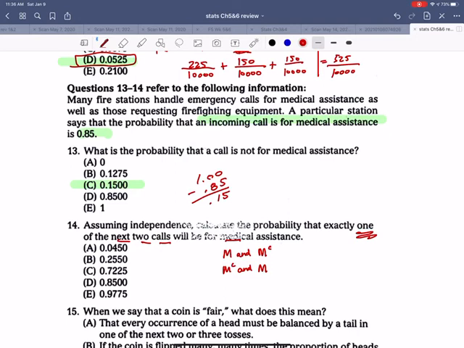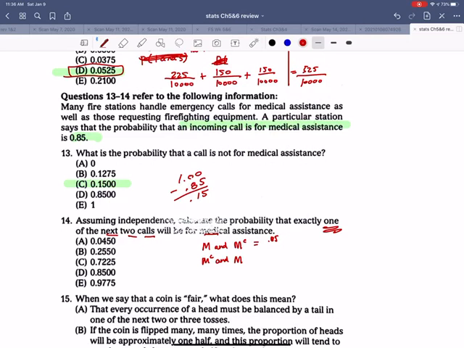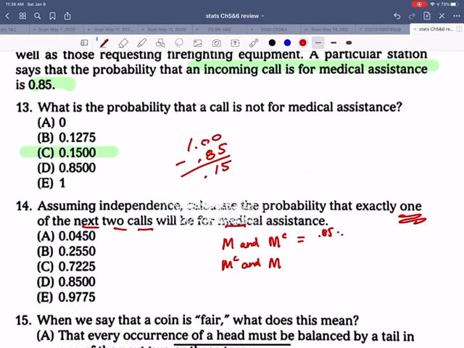All right, and I should be able to add those, right? So we know the chances of medical would be 85 out of 100, and not medical. And this would be the same, it's just reverse, but it would be the same product. And we know we can add these together. So there's 2 ways to get non-medical or medical on just one of the 2 calls.